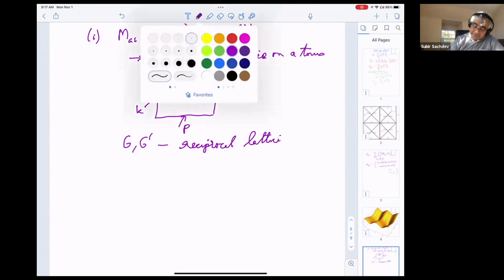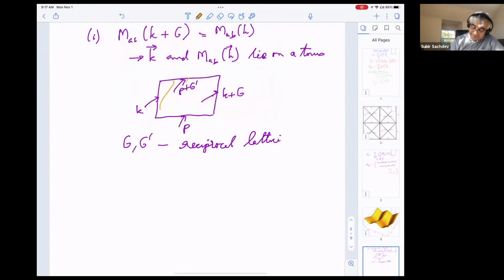And this region here, which is the fundamental domain of the torus, is what we call the first Brillouin zone. All right, so MAB is a function on this Brillouin zone. It's a function on a torus, and it's a completely periodic function on a torus.